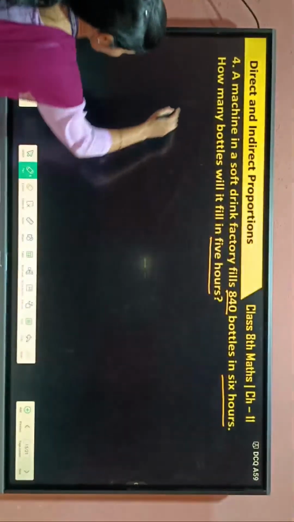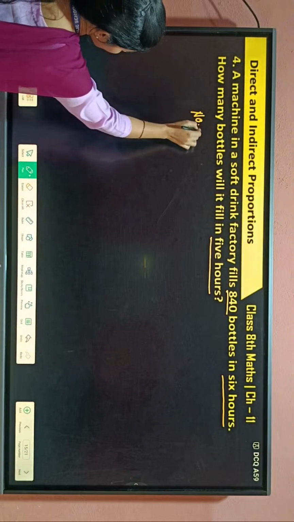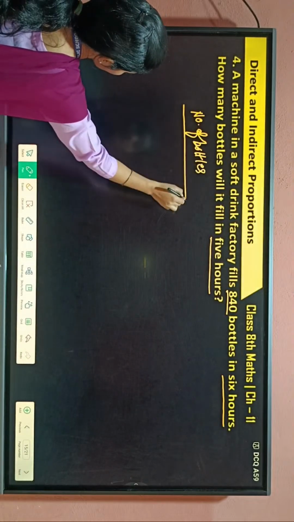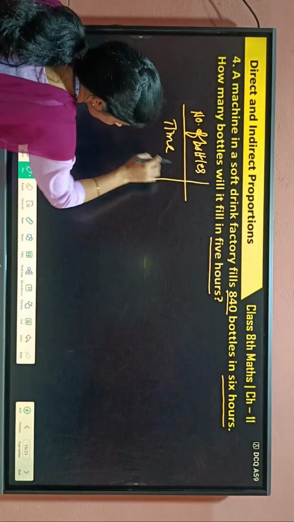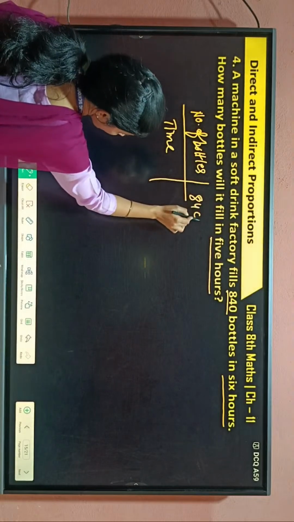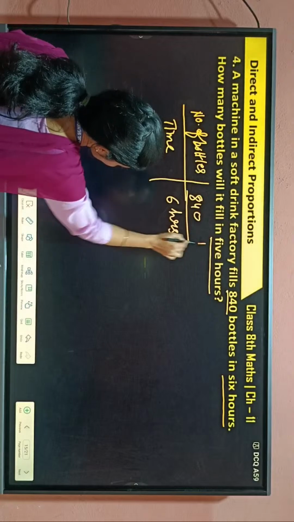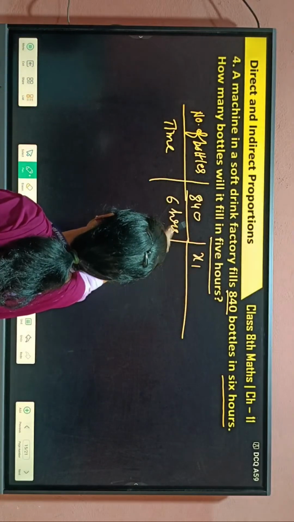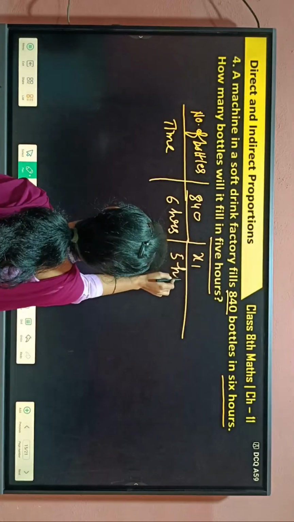So let us tabulate this information. You will write the number of bottles and time. 840 bottles are filled in 6 hours, and how many bottles will it fill in 5 hours?